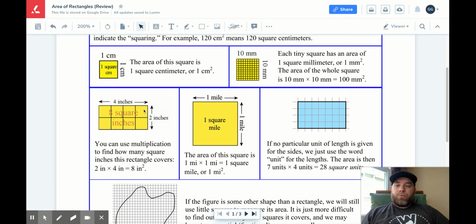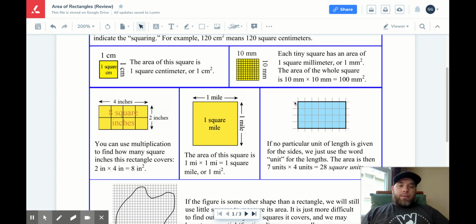So again, we have 2 inches times 4 inches. So 2 inches times 4 inches equals 8 inches squared. Here we have another one, and this is just 1 by 1. And if you remember from multiplication, 1 times 1 is 1, but it's a square unit. So the area of this square is 1 mile times 1 mile equals 1 square mile.